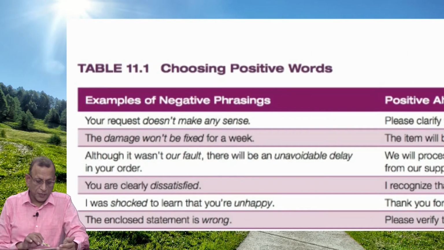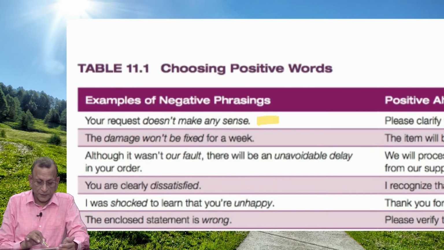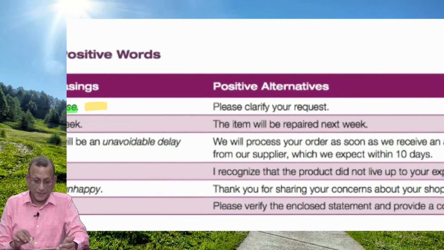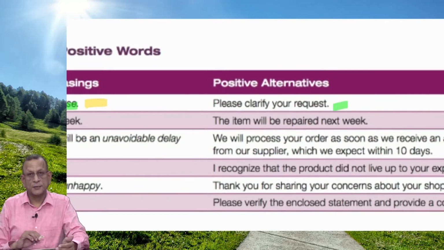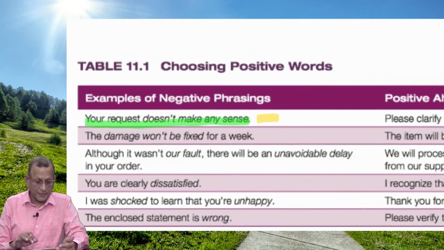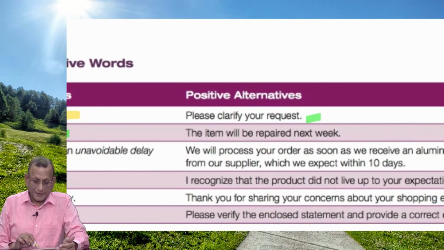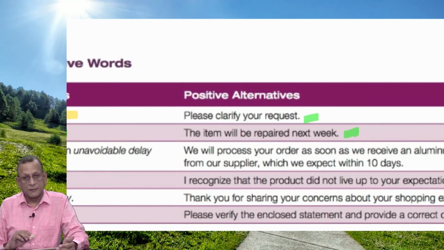Like the first, your request doesn't make any sense. You're saying your request doesn't make any sense. Instead of this, what can you say? Please clarify your request. Similarly, the damages won't be fixed for a week. Instead of this, you can say the item will be repaired next week.